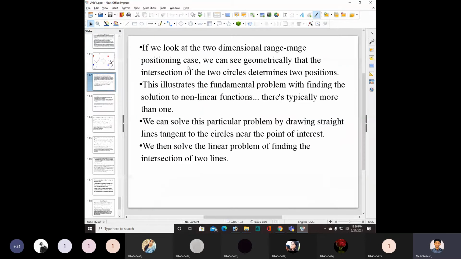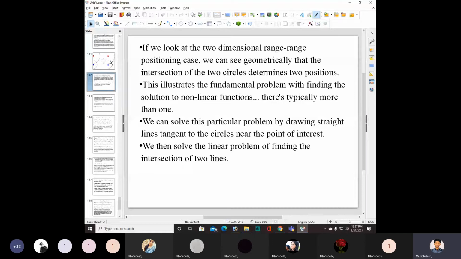If we look at the 2-dimensional range to range positioning case, we can see geometrically that the intersection of the two circles determines two positions.